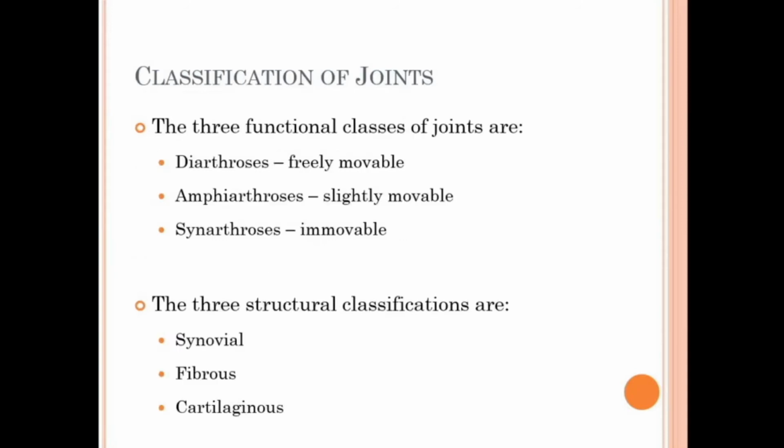So we can divide the joints into three different categories broadly, depending upon two criteria. The first criterion is the type of joint movement. If they are freely moving joints, where one bone can move freely around the other, we call it diarthrosis type of joints. If it is not fully freely movable, it is slightly movable. It can only slip a little bit or give a limited movement.